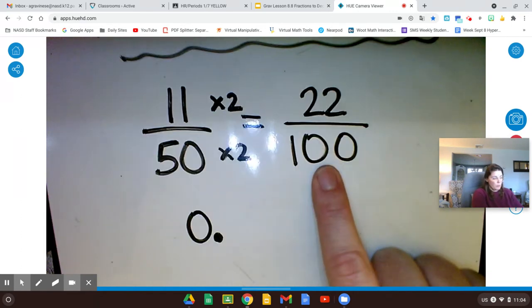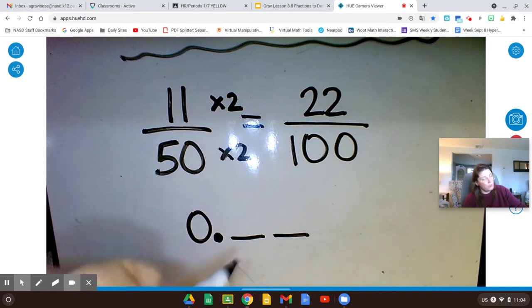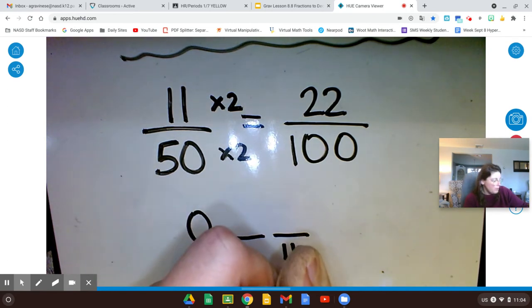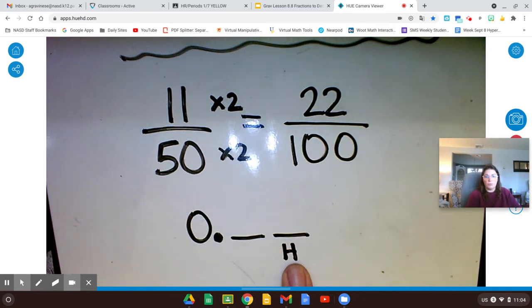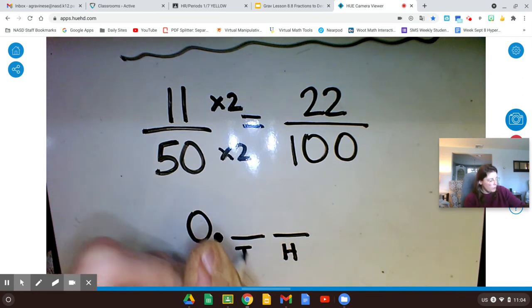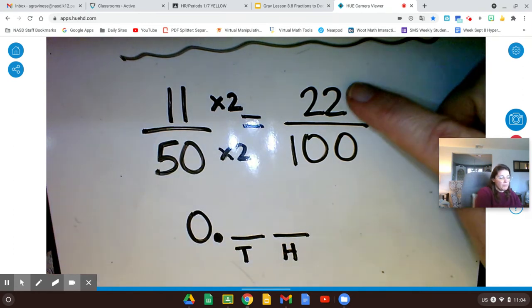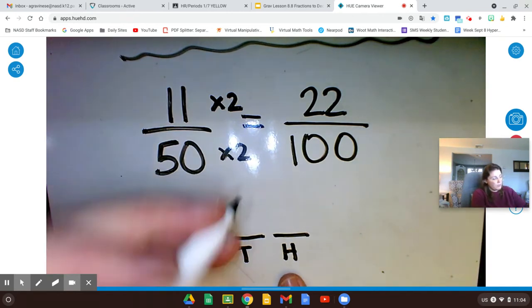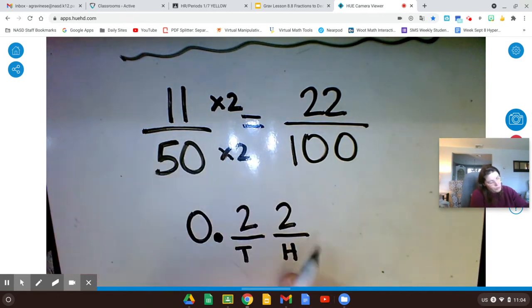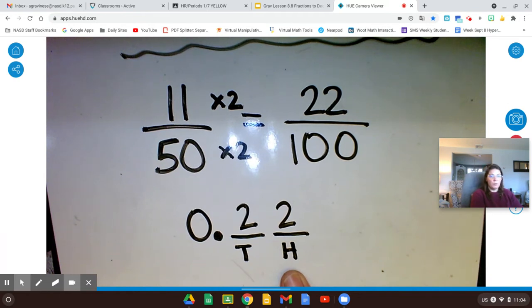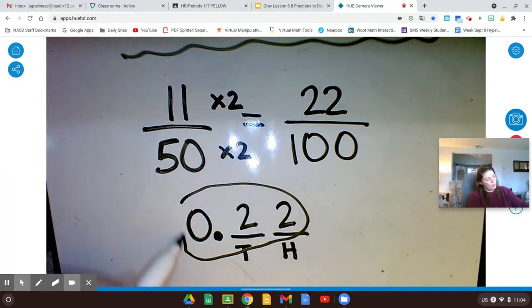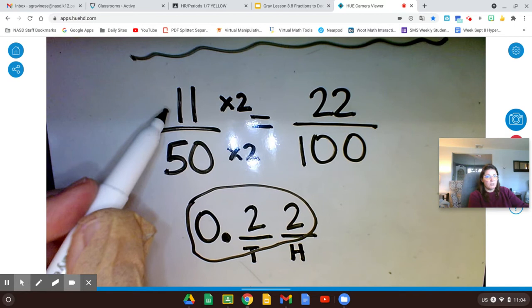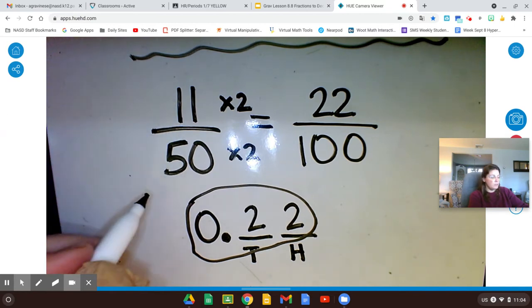Well, 100 reminds me of the decimal place value hundredths. And that's the second position after my decimal point. First one is the tenths. So if I have 22 hundredths, I need to fit 22 up to the hundredths place. And I get 0.22, 22 hundredths. So here is the decimal that represents the fraction 11 fiftieths.